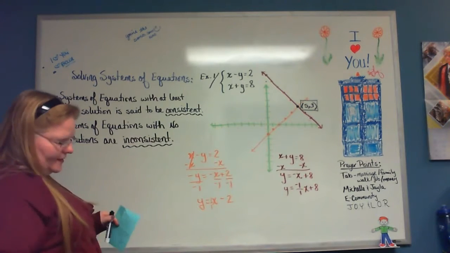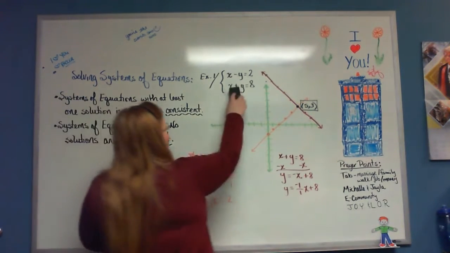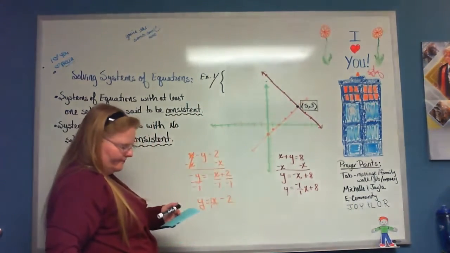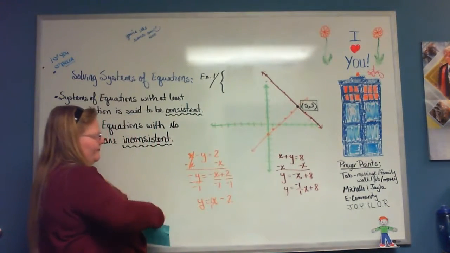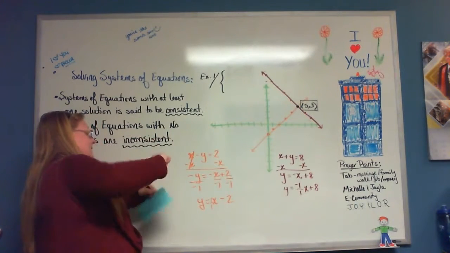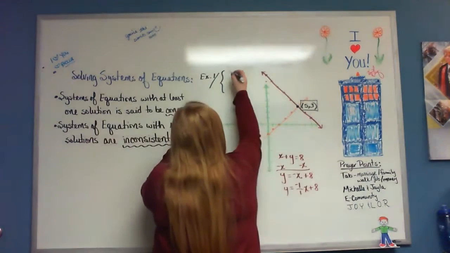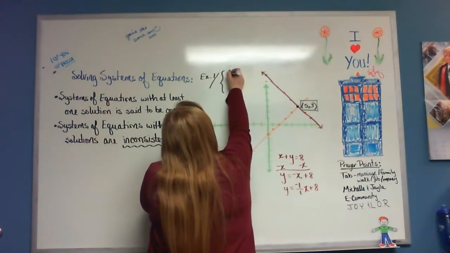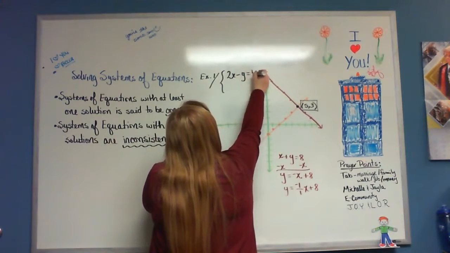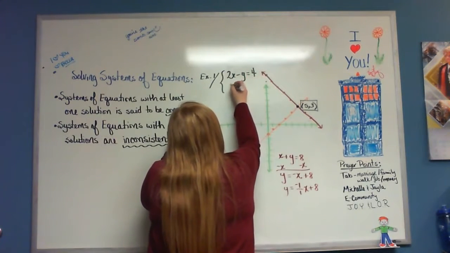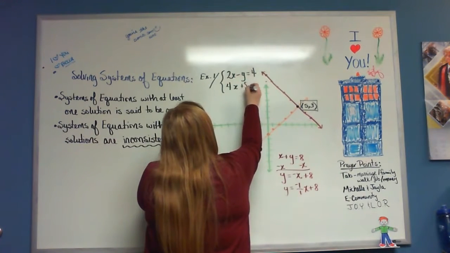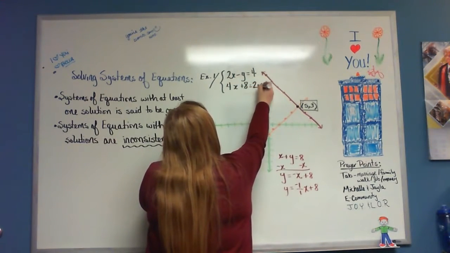Let's look at another example. 2x minus y is equal to 4, and 4x plus 8 is equal to 2y.